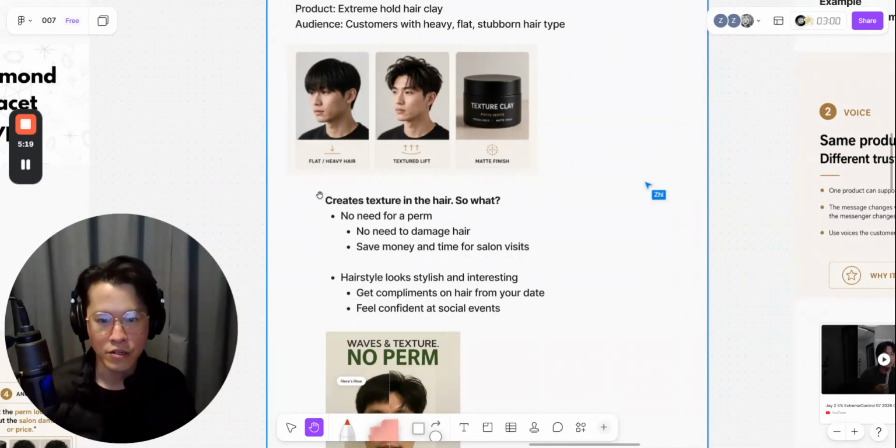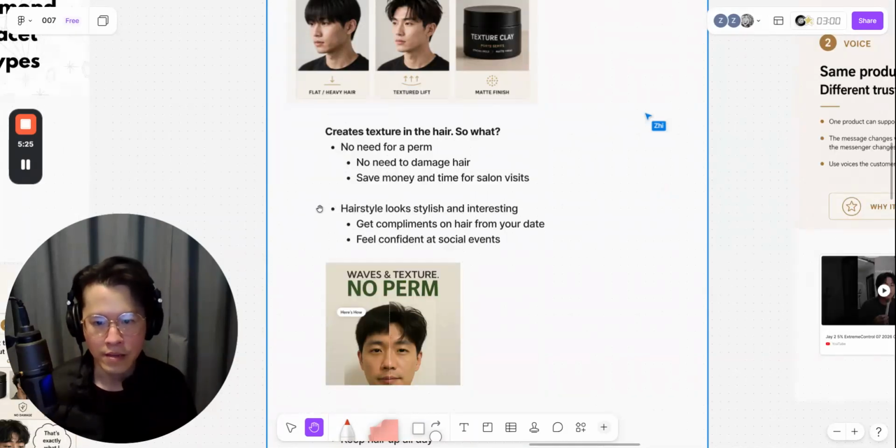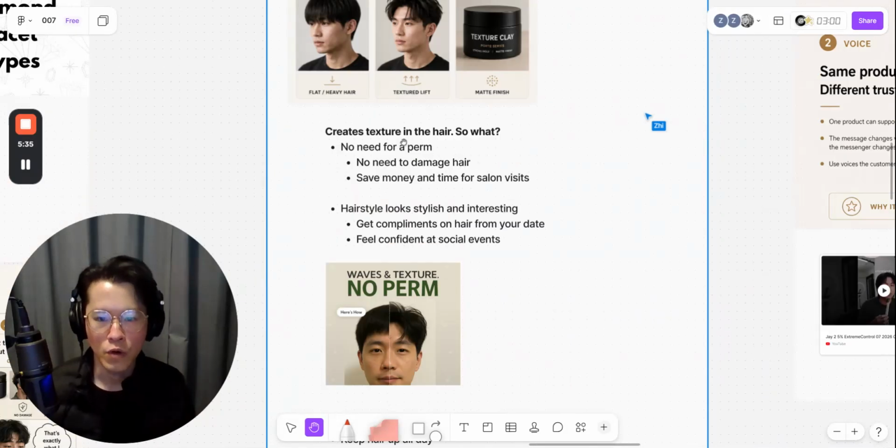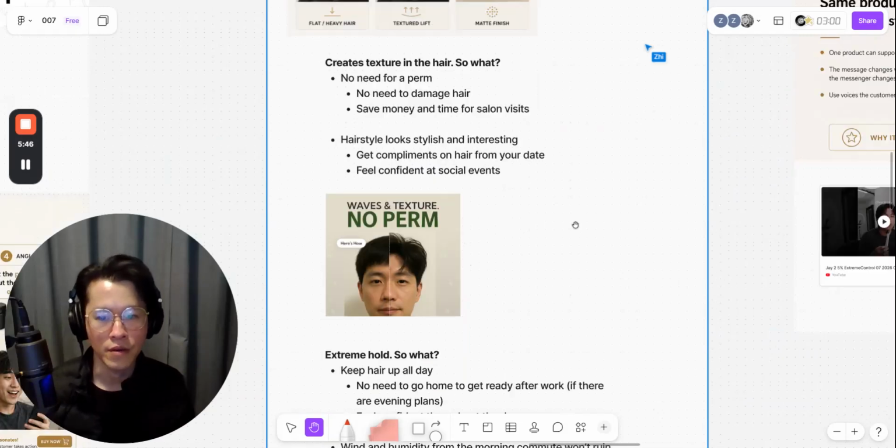And in addition to that, if we ask so what to the first feature, create texture in the hair, you can get a hairstyle that looks stylish and interesting. So what? So you can get compliments from your date and also you can feel confident at social events. So essentially by asking so what for this feature, we get 1, 2, 3, 4, 5, 6 different potential angles that we get to use.